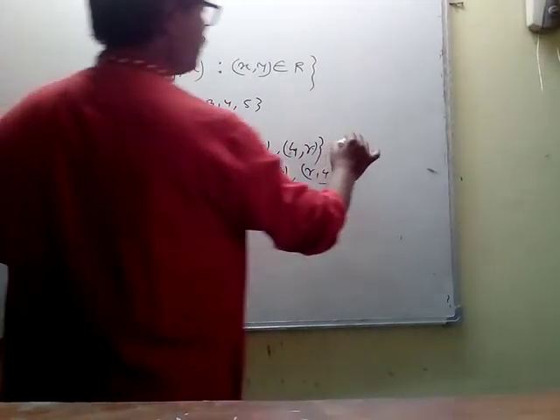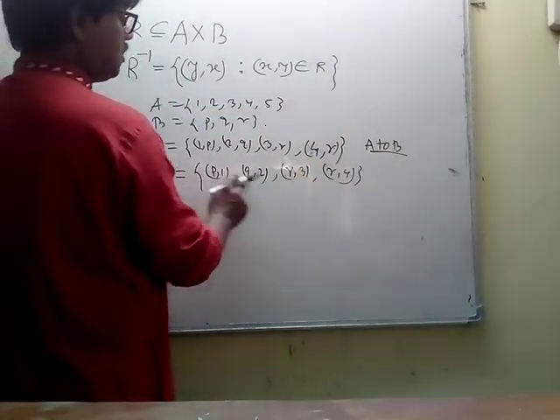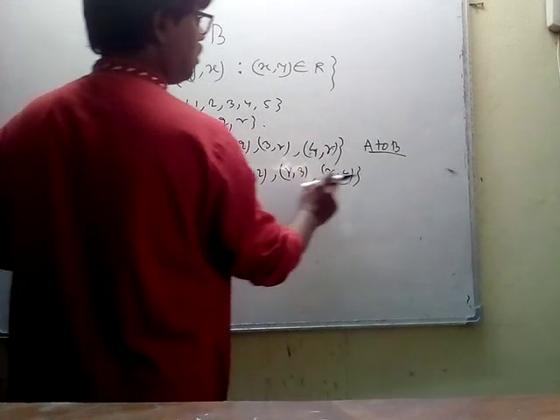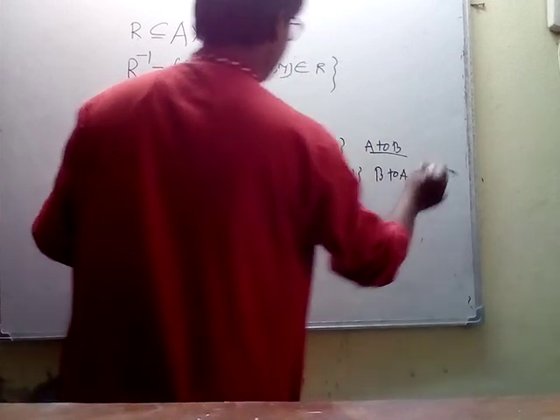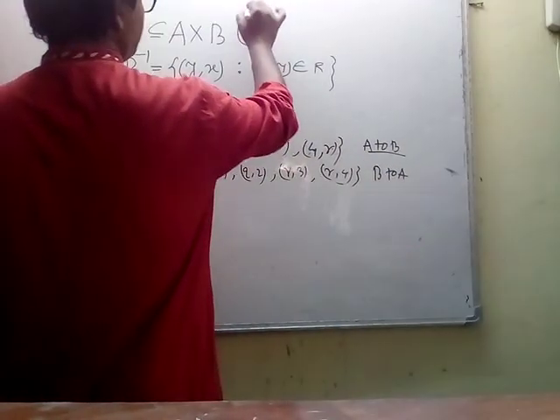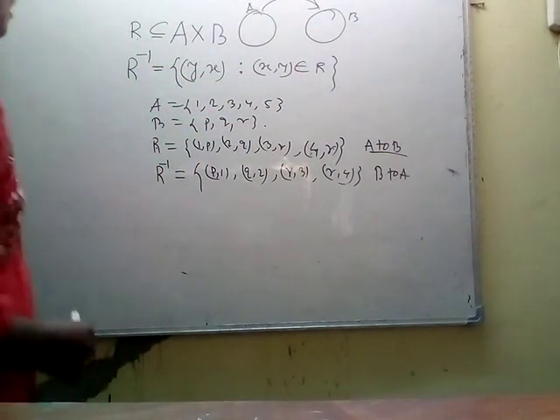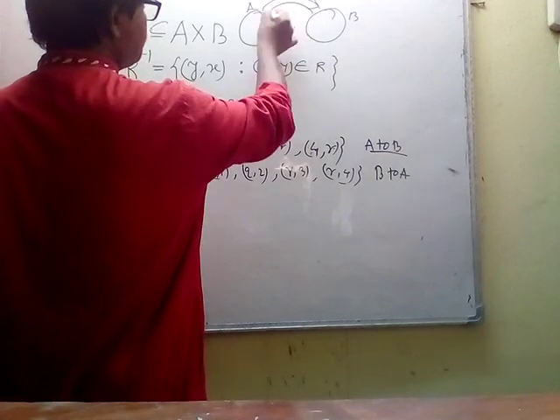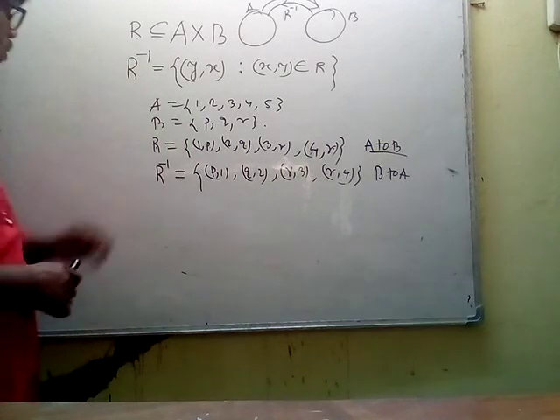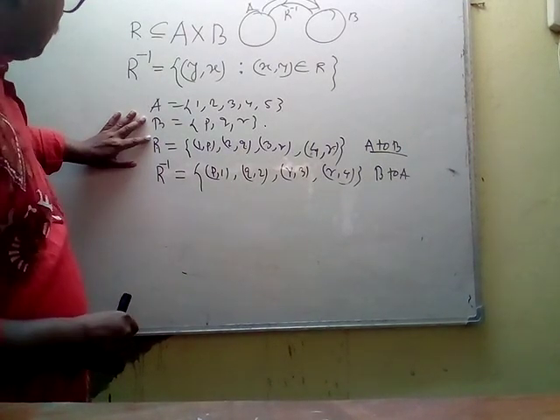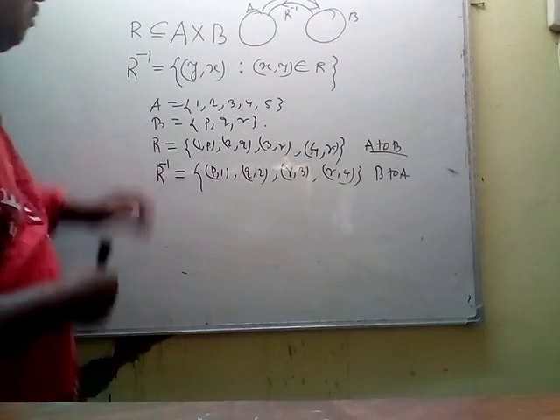R is the relation from A to B. Then in R inverse, the first element comes from B and the second element comes from A. So R inverse is the relation from B to A. That is, domain of R is range of R inverse, and range of R is domain of R inverse.